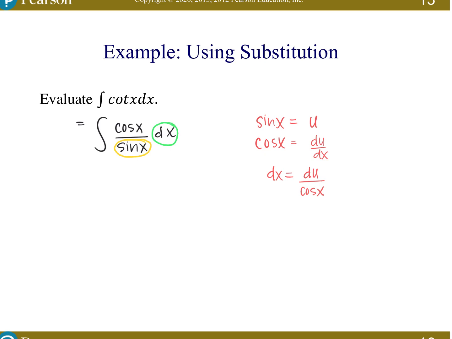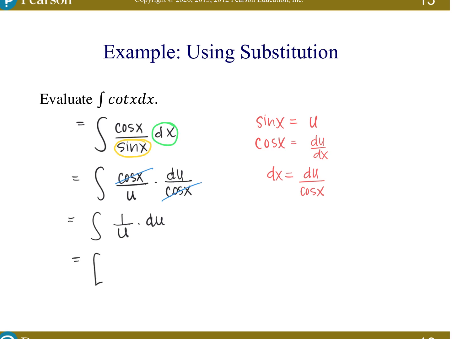I'll trust that the process will take care of it. So I'm leaving my cosine in my numerator. My denominator changes to u. My dx gets replaced with du over cosine of x, which leaves me with something to reduce. When I reduce the cosines, I'm left with 1 over u times du.